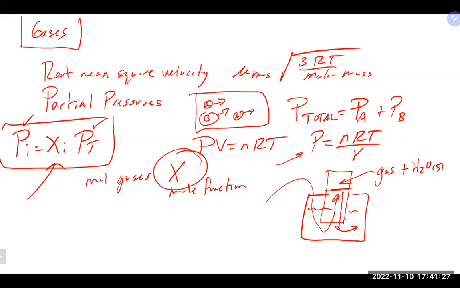The water vapor is not a result of the actual chemical reaction you're looking at. It is just a result of how you're collecting the gas. So it's a byproduct that you are not interested in. That means the total pressure in that situation would be the pressure of the gas plus the vapor pressure of water.